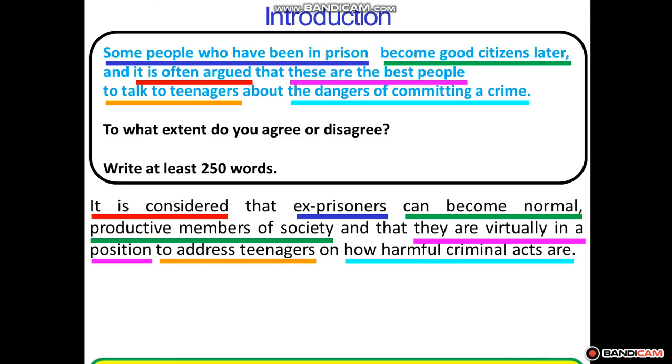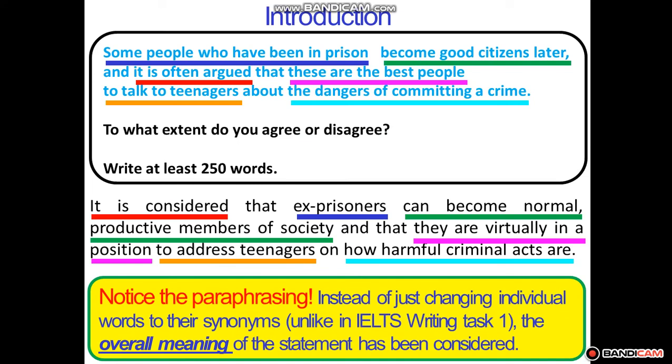All right. Now notice the paraphrasing. It is not just changing the individual words into their synonyms, but it is actually the overall meaning of the question card, of the statement, that we are supposed to convey here in our own words.